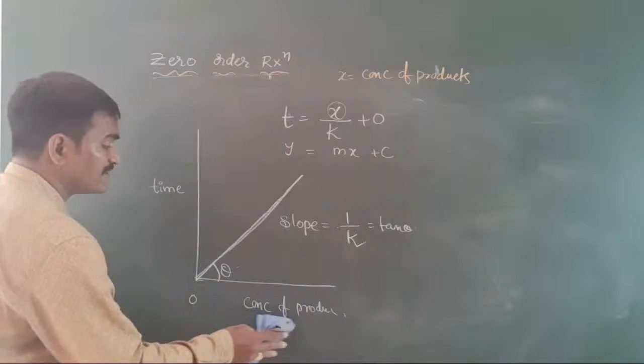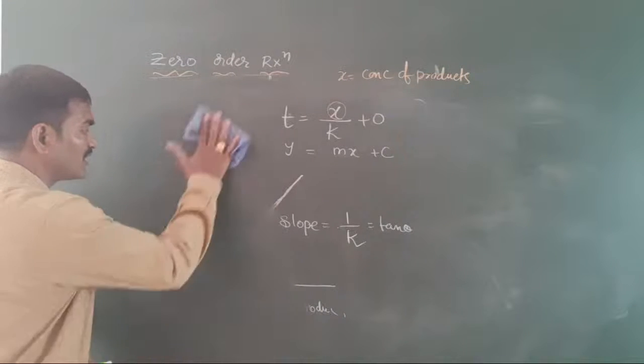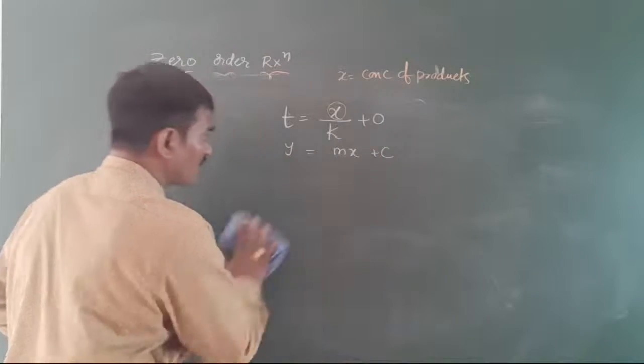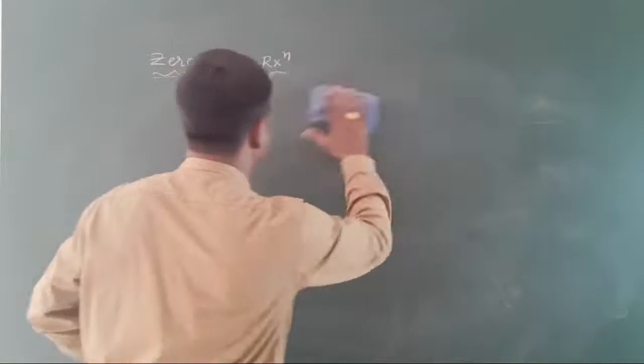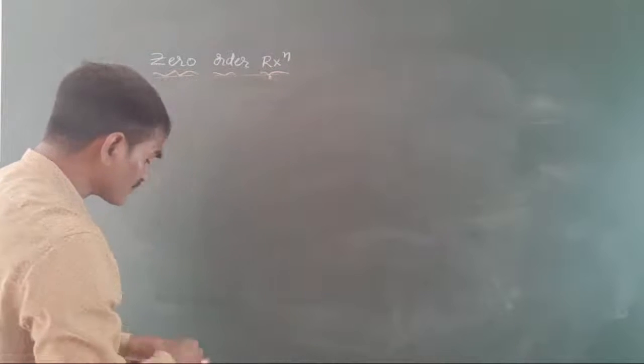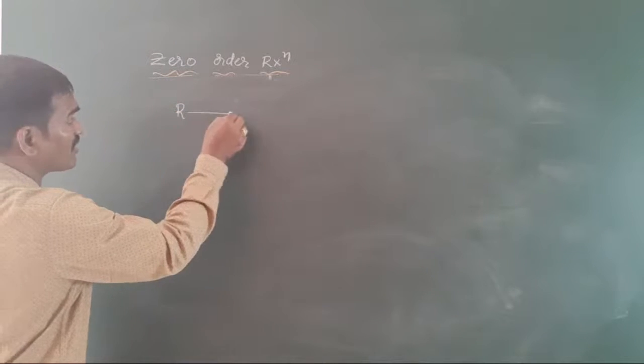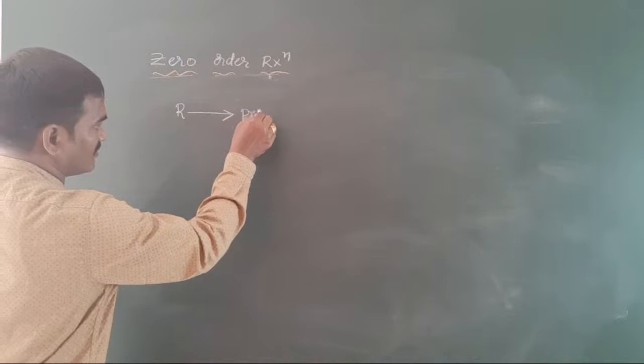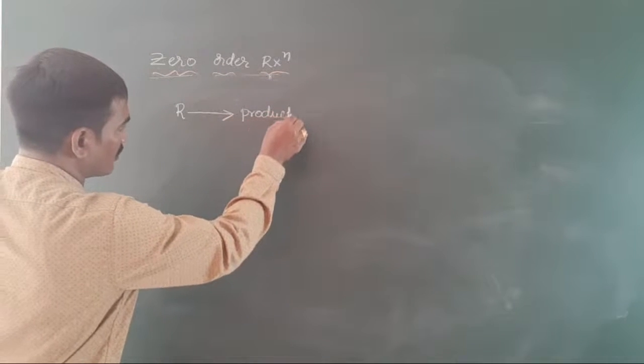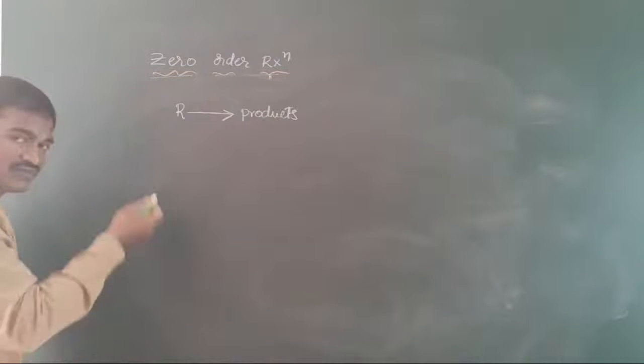After this, here you see, a very important point I'm going to tell you. Everyone should have clarity on this. Up to here I have taken this example: R gives products. Everyone knows we have taken this.